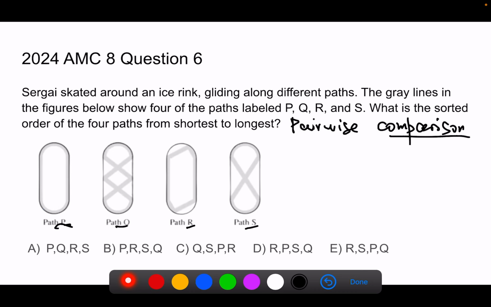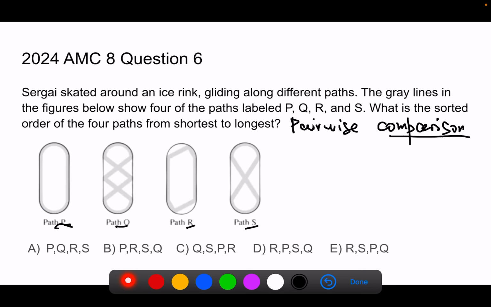Which means you take two of them, compare them, figure out which is longer and which is shorter, and continue until you can sort everything out. When you do this kind of pairwise comparison, usually you want to find one that has a lot of overlapping with the other options, so it's easier to do the comparison.